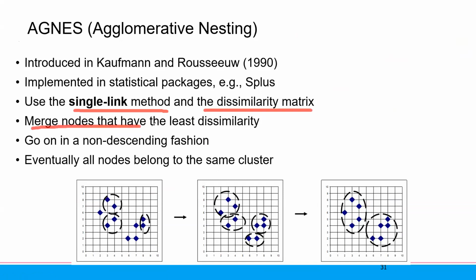We need to merge nodes that have the least dissimilarity or the least distance, and then go on in a non-descending fashion. Non-descending fashion means ascending, from the smallest. And eventually all nodes belong to the same cluster.